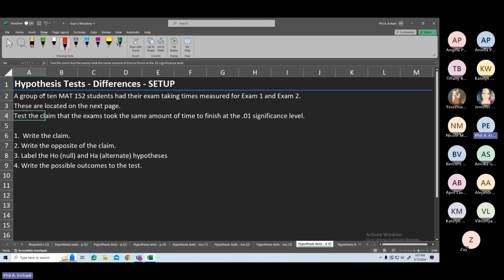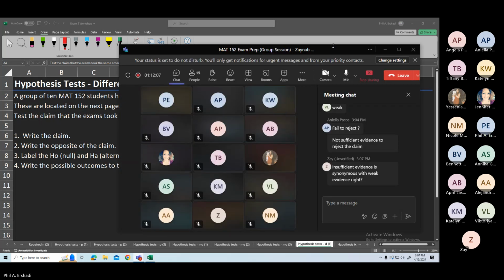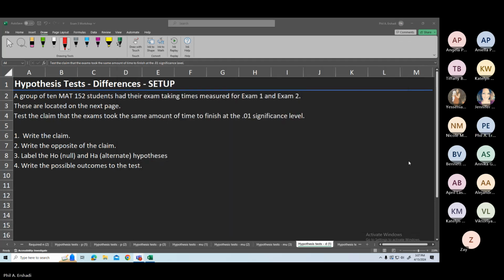So now we're going to do a hypothesis test with differences. A group of 10 Math 152 students had their exam taking times measured for exam 1 and exam 2. Yes, insufficient means the same thing as weak. Test the claim that the exams took the same amount of time.